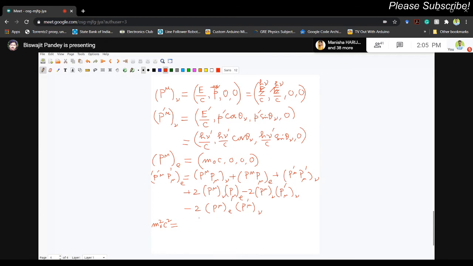And then on the right hand side, what are the things you see? If I write down the cross this one, p mu of photon. What is p mu of photon?